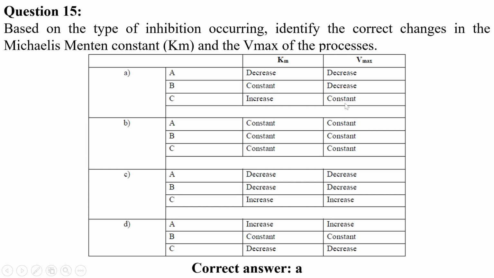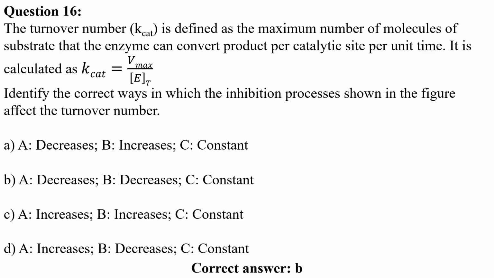But in case of competitive inhibition, since Vmax is not changing, Kcat will also not change. So the answer is option B. There will be a decrease in case of uncompetitive and non-competitive inhibition, but the Kcat will be constant in case of competitive inhibition.